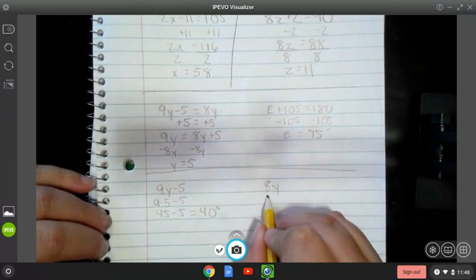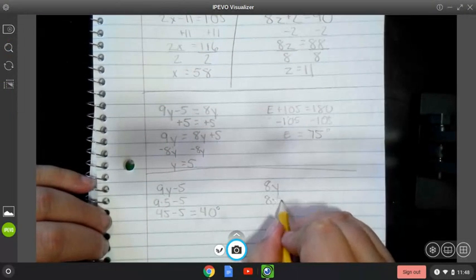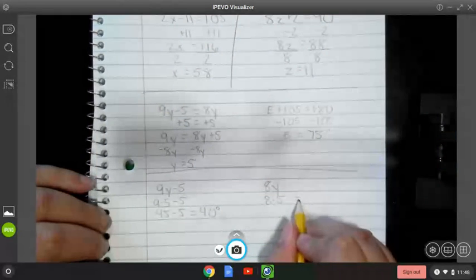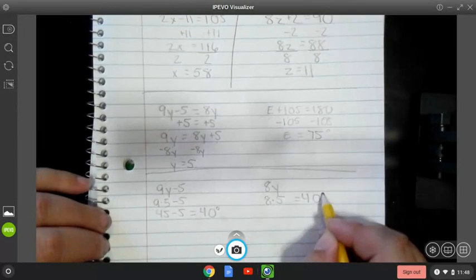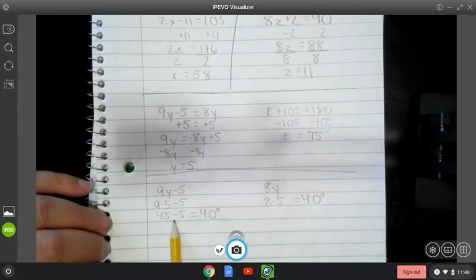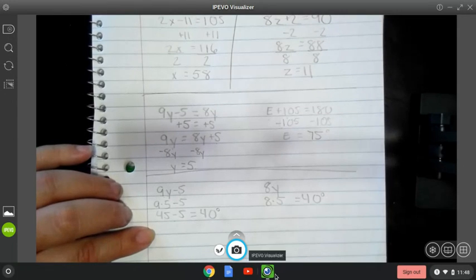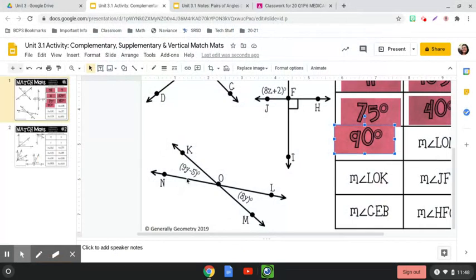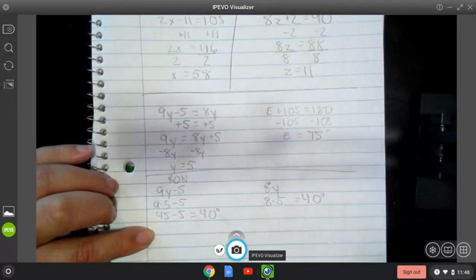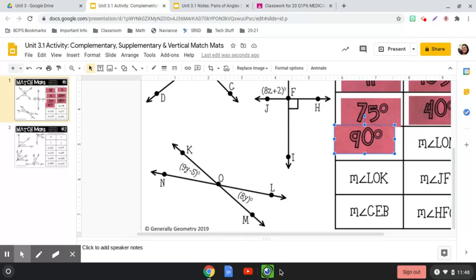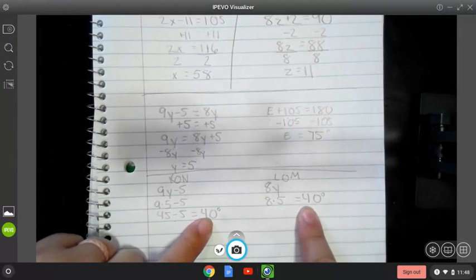So this is really 8 times 5, and 8 times 5 equals 40 degrees. And we can check it because our vertical angle right here, KON, is 40 as well. So this is KON, and this is LOM, and they're vertical angles, and we have just proved that they are equal.